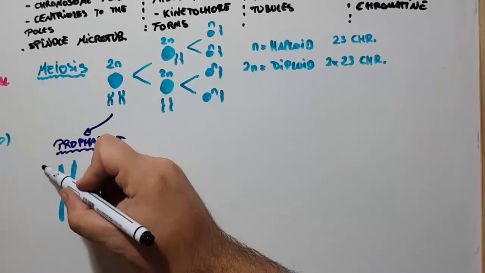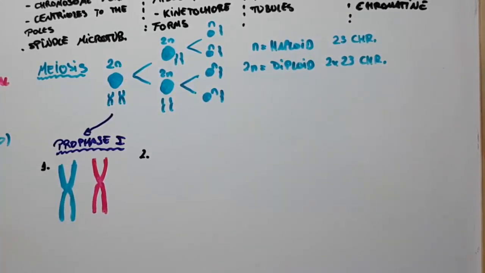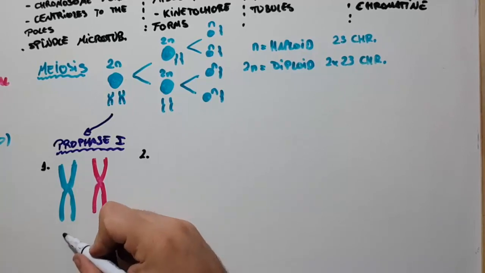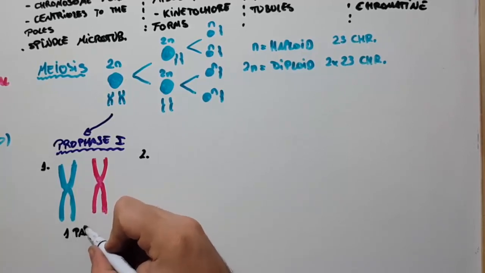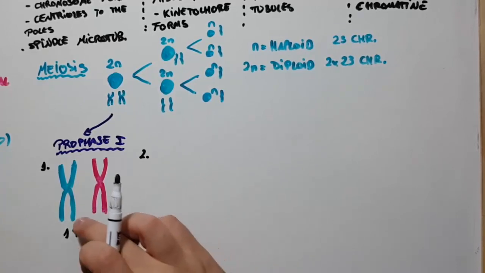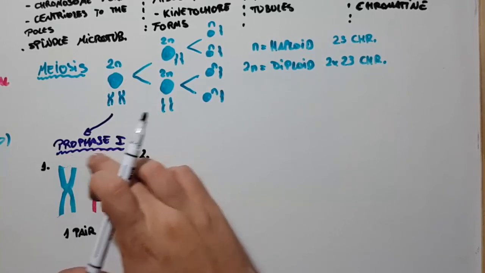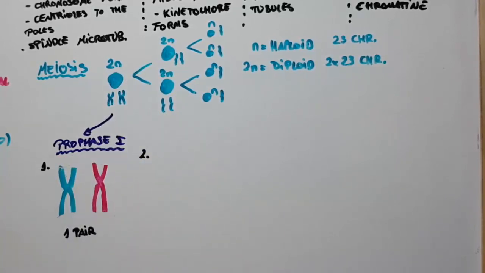This is step 1. In step 2, they're going to get super close. This is obviously the same chromosome. This is one pair of chromosomes. They're more or less the same, they have more or less the same size and more or less the same everything. So just bear with me, these are the same.